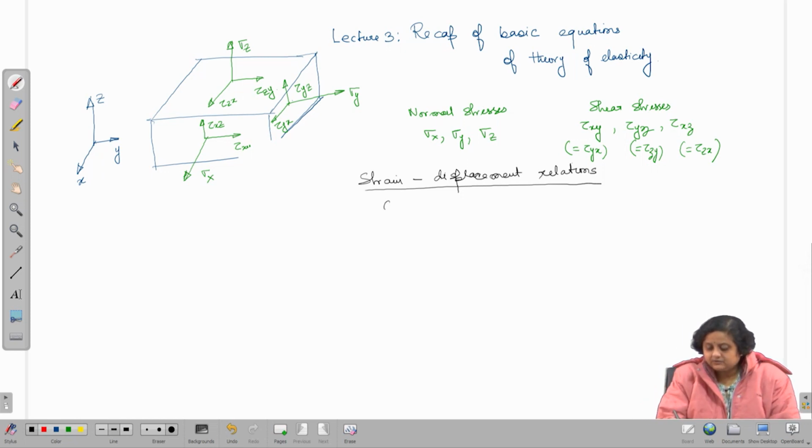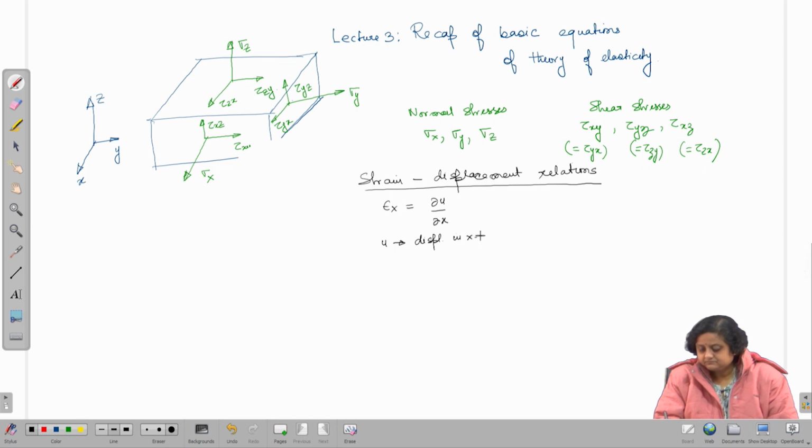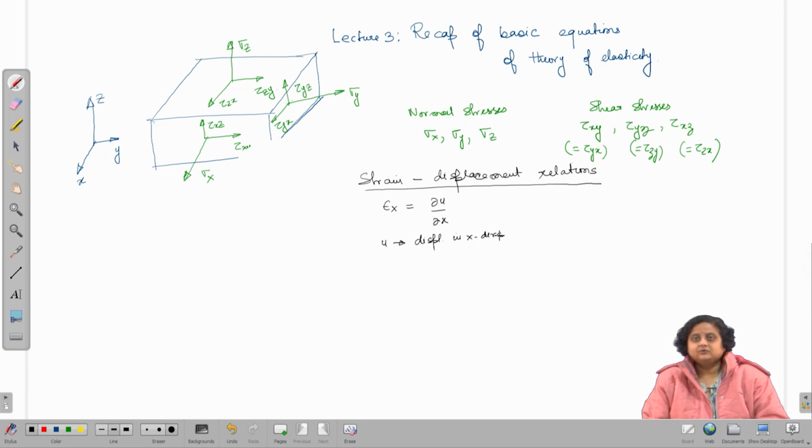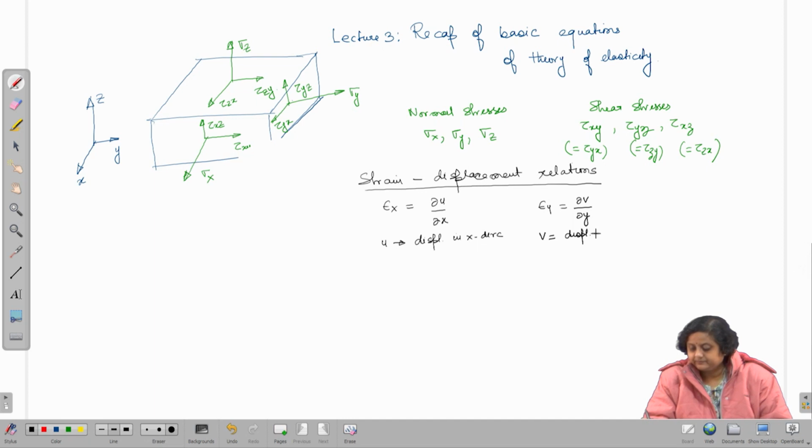So, the strain displacement relations are given as epsilon x is equal to del u by del x, where u is the displacement in the x direction and epsilon x is the normal strain in x direction. Similarly, we have epsilon y equals del v by del y, where v is the displacement in y direction.